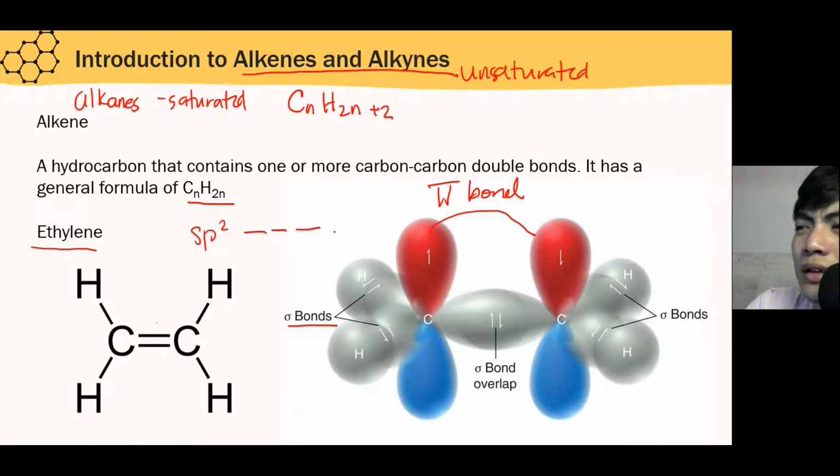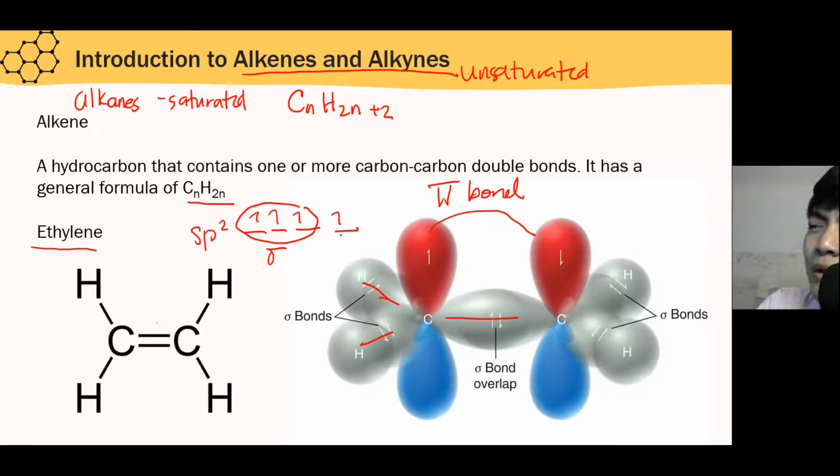It means that it utilizes only 3 out of the 4 hybridized electrons. These 3 hybridized electrons are called the sigma electrons, which are used to create the sigma bonds. So this is the sigma bond, this is the sigma bond, this is the sigma bond.